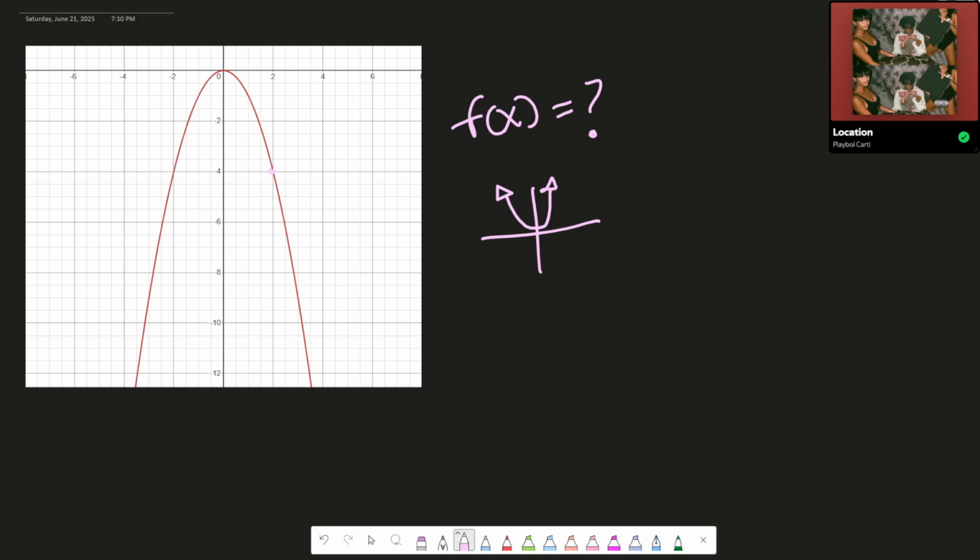I mean, we see it has the points (2, 4), (2, -4), and (-2, -4). And we also see that, oh, it is missing some points. But we also have, although not clearly seen, (-1, -1) and (1, -1).